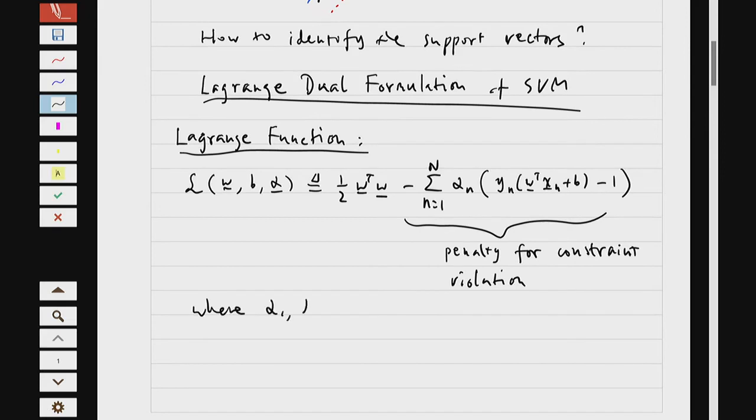Alpha 1, alpha 2, these are the newly introduced variables. They have to be non-negative, and they are called either the dual variables or the Lagrange multipliers.